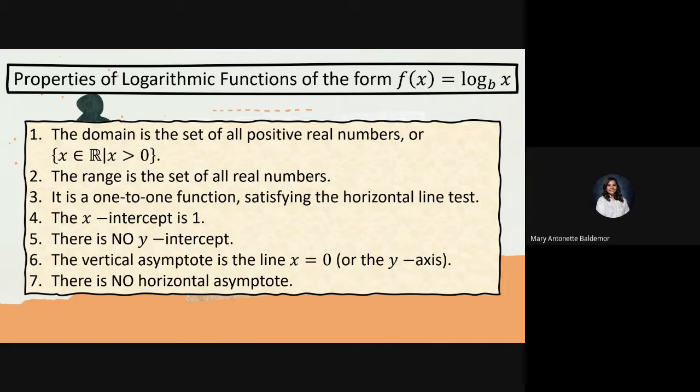Property number five, there is no y-intercept since both graphs are asymptotic to the y-axis, or x is equal to 0, which explains property number six: the vertical asymptote is the line x is equal to 0, or the y-axis. And number seven, there is no horizontal asymptote, as the illustration of the graph shows.